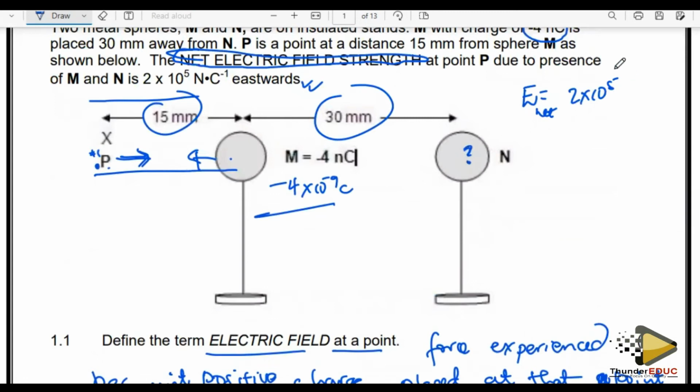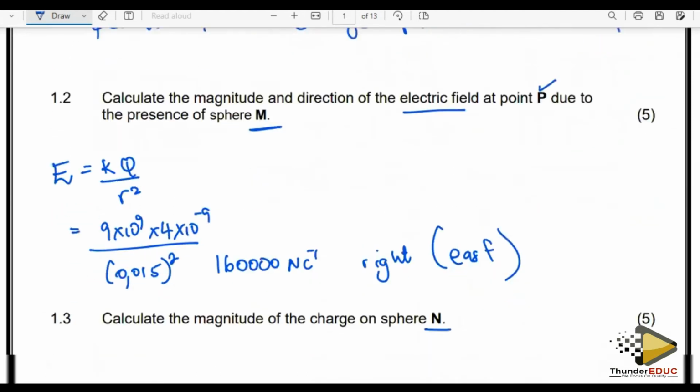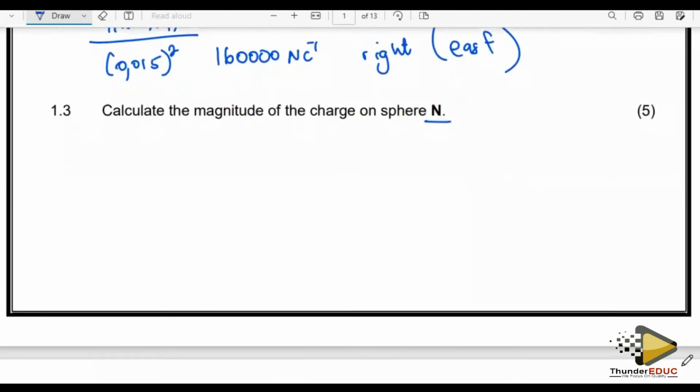Since we have the net electric field, I think we can use electric field. Then we can find the electric field at P as a result of N, which will be K, the Q of N over R squared. So that at the end we have our E net being the E as a result of M plus the E as a result of N. Since we have the first one, we just need to play around with that.